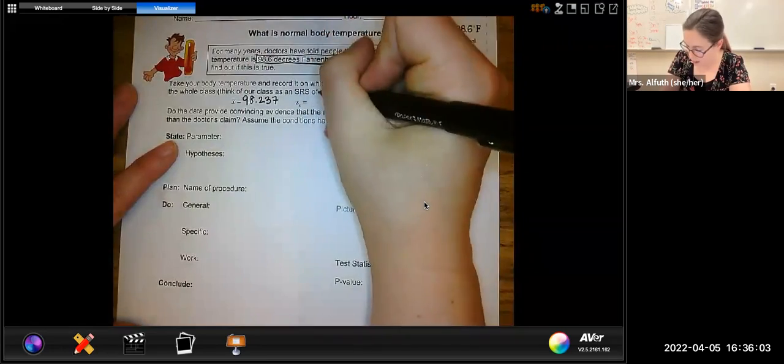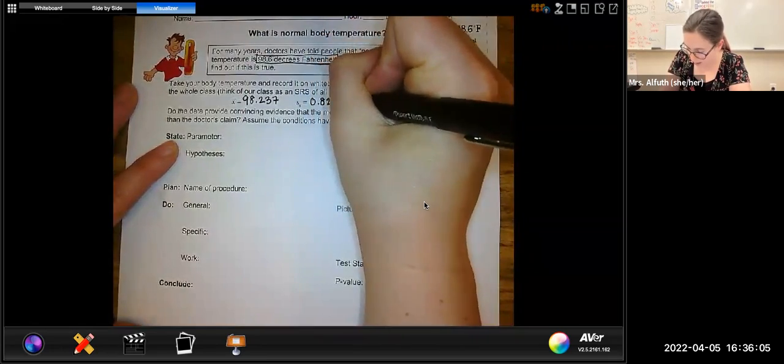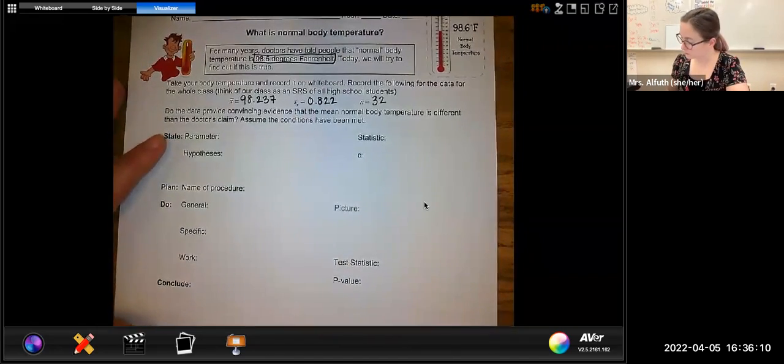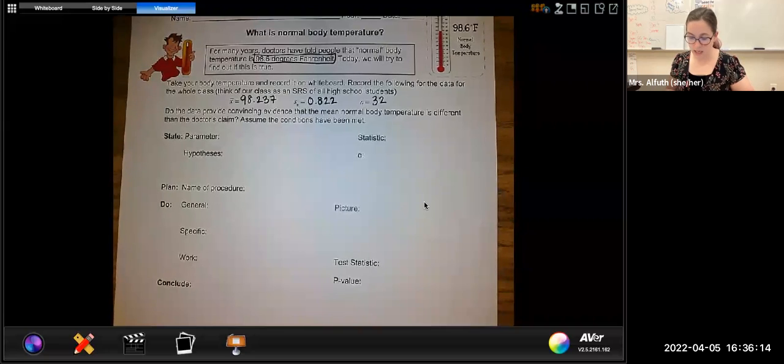And our standard deviation was 0.822, our standard error of that sample. Do the data provide convincing evidence that the mean normal body temperature is different than the doctor's claim?